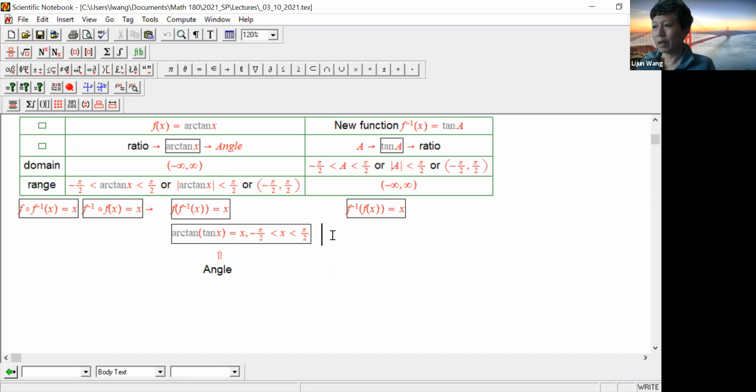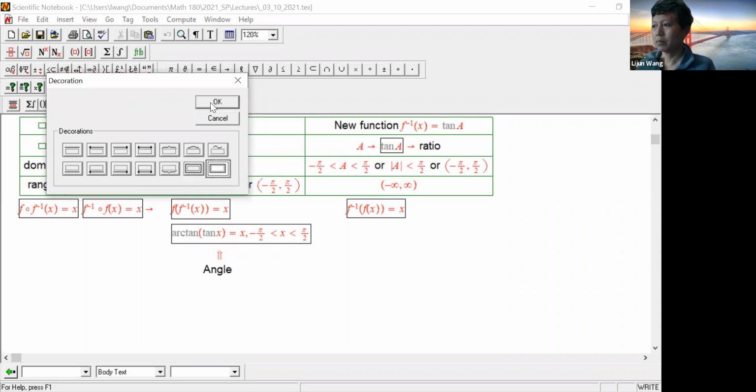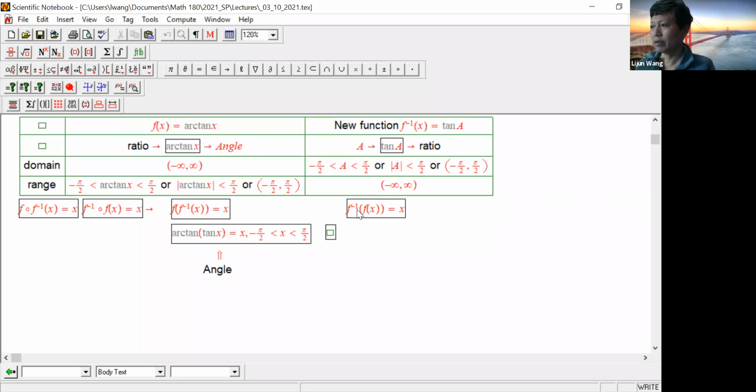Now let's look at the next one, right? And this time, F inverse is arctan. And F of X, I'm sorry, this is tan. My bad, okay? Because F inverse is tan, right? And F is arctan X. And this should equal X as well, because they're inverse functions of each other, right?